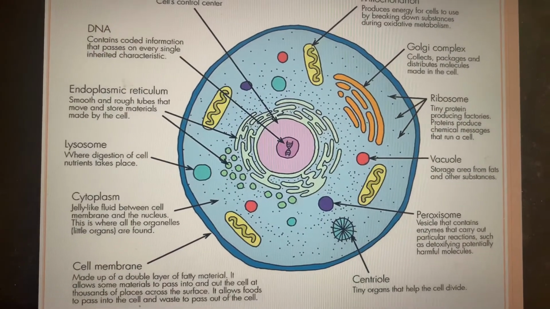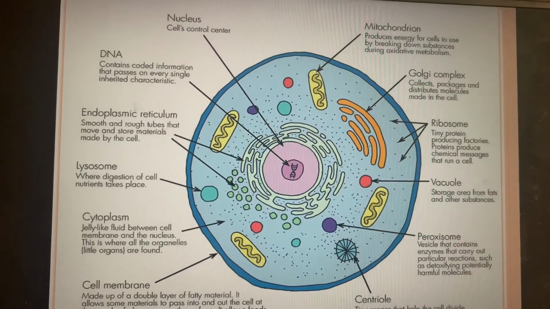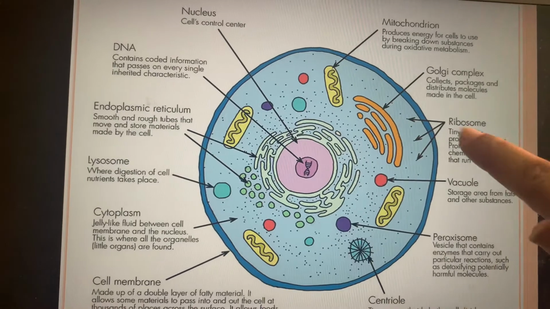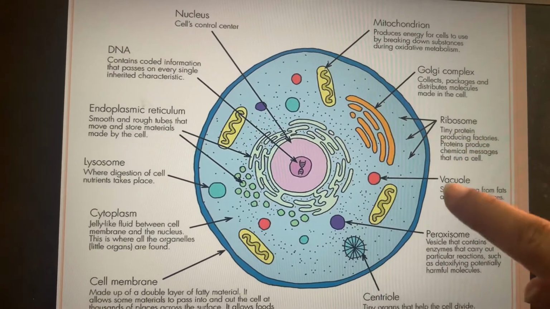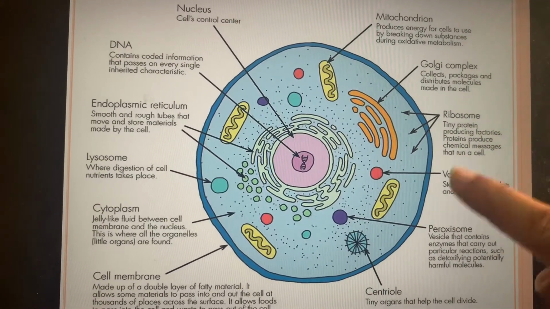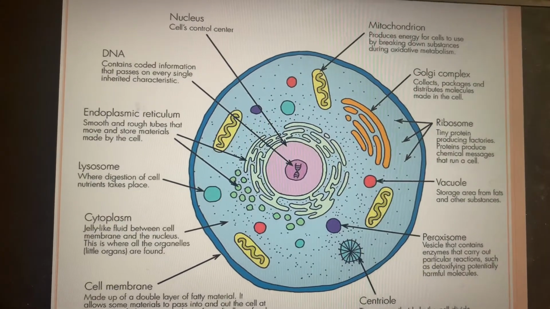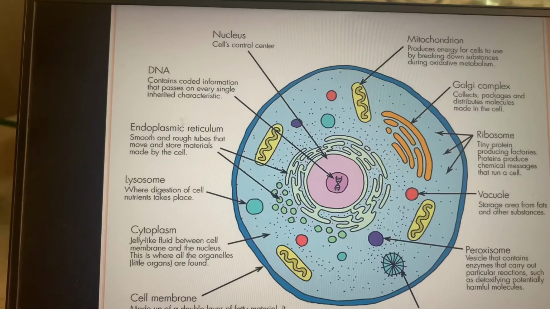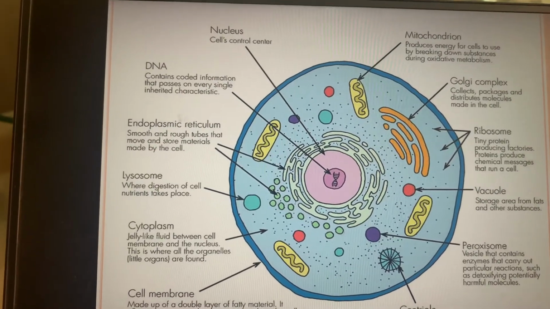Ribosomes, these are tiny protein-producing factories, because they synthesize peptides from amino acids and then finally proteins, which perform different functions of the cell of any living organism.